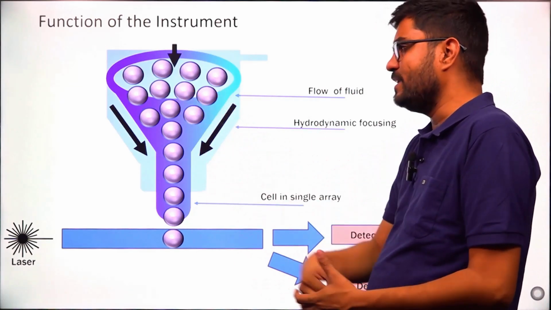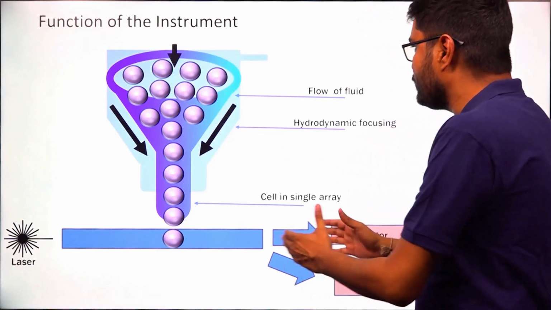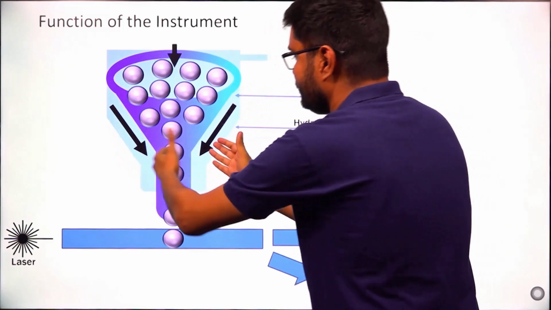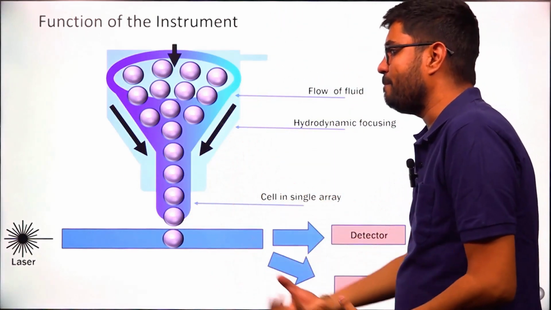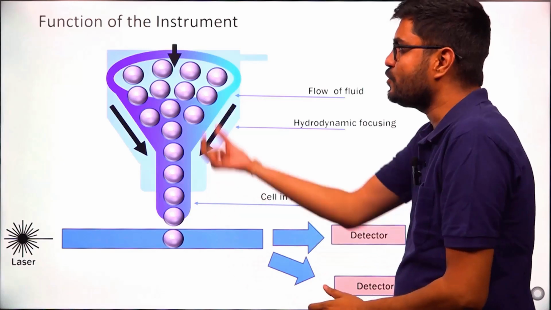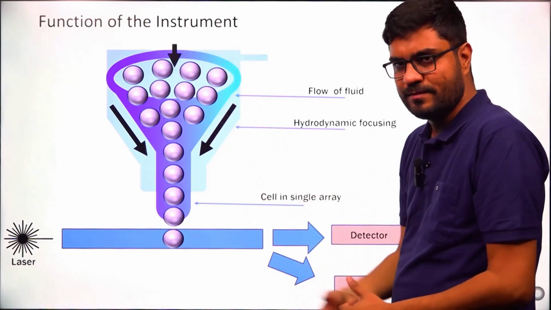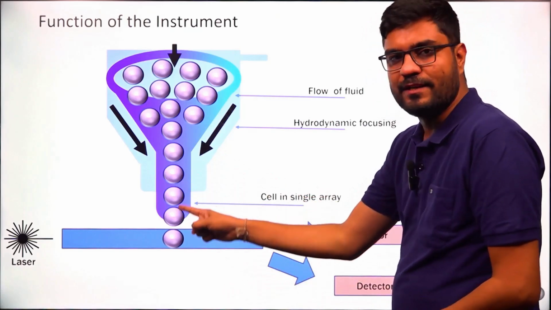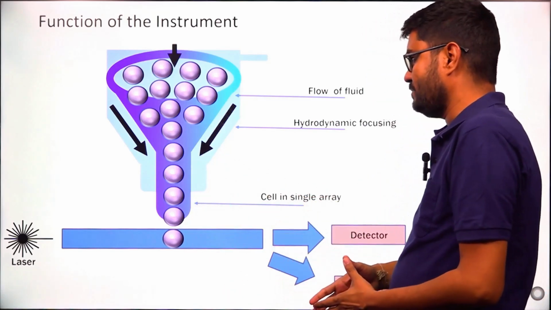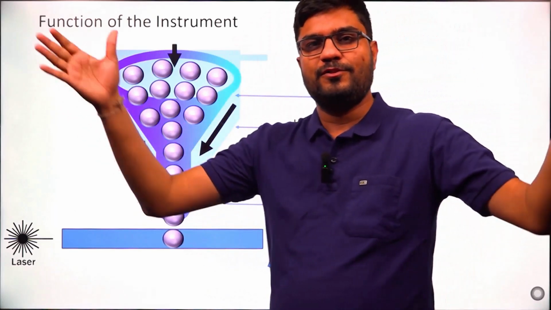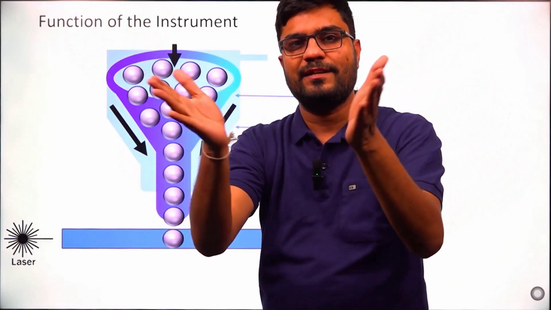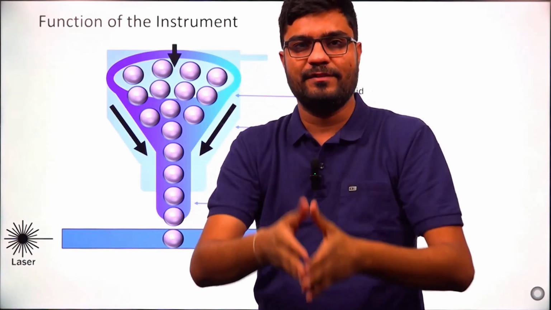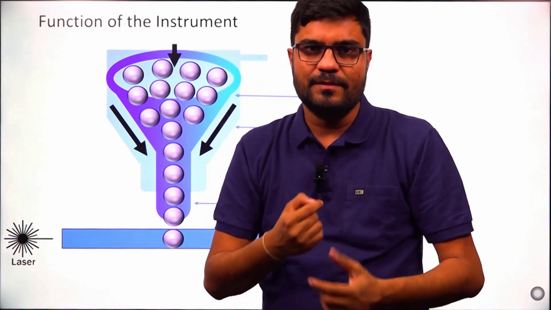It takes a single cell suspension, and by applying the pressure of fluid, the instrument converts this bunch of cells into a system where one cell is passing at a time. There are so many cells; you apply the liquid pressure from both sides, so you can create a stream of buffer or liquid where one cell at a time is passing through.